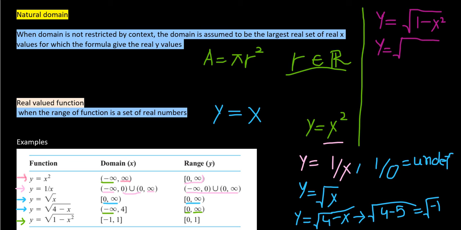But suppose I take any negative value that is less than minus 1, then it will make the solution wrong, because it will make a negative value inside the square root, and that will be a bit problematic for us.